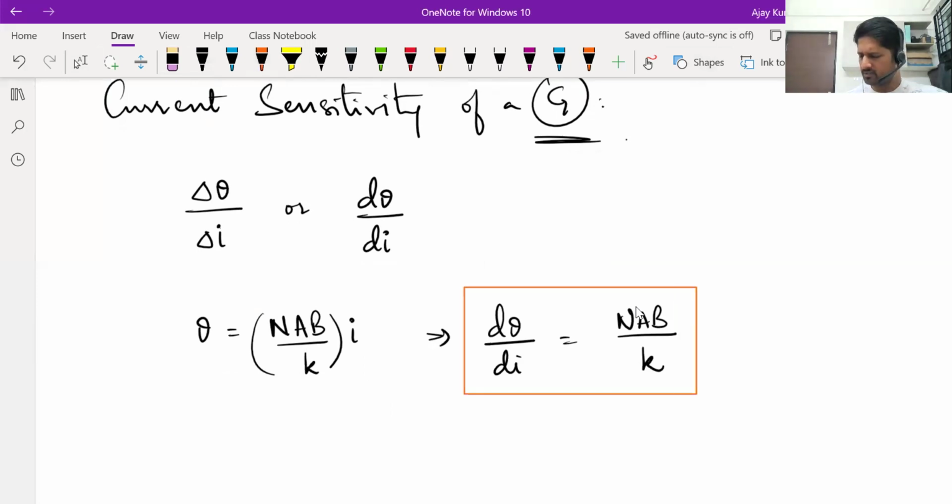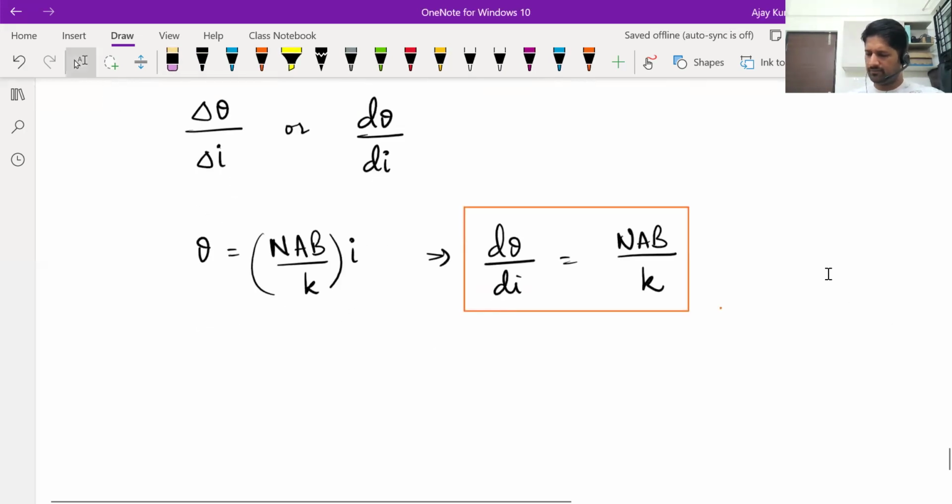They may ask ratio based questions depending on this. They can give you two galvanometers, tell you the ratio of the number of turns, ratio of areas, ratio of torsional constants, and ask you the ratio of their current sensitivity. Or they may ask you how to increase current sensitivity, decrease it, how to double it, triple it. Such questions can be asked. Not a big deal, easy to solve.